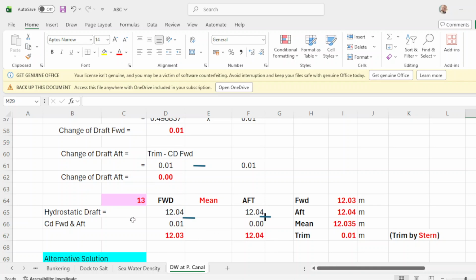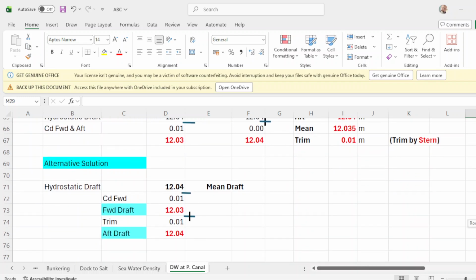Deduct this one, minus, that will be 12.03, and up you add this one because you are trimmed by the stern. That's why you have a bigger drop up than forward. So you're trimmed by 1 centimeter. The main drop is 12.035, and your up is 12.04, and forward is 12.03.